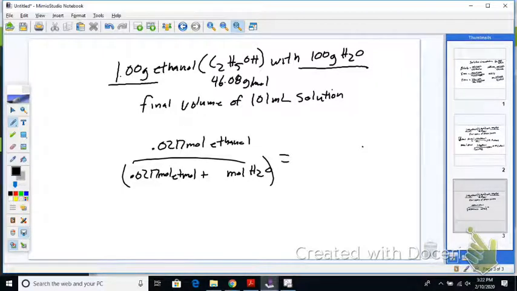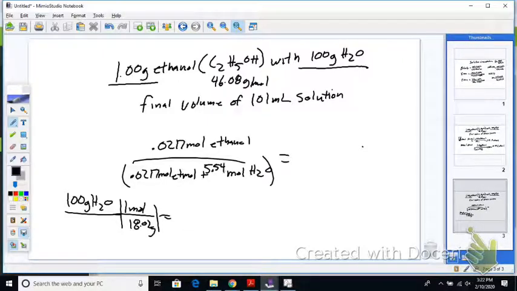So we take 100 grams of water, divide by 18 grams per 1 mole, and that gives us the moles we have of H2O. And then we add it to the 0.0217, which doesn't add a whole lot to it. That's 5.54 we'll add it to. And then that will give us our mole fraction.